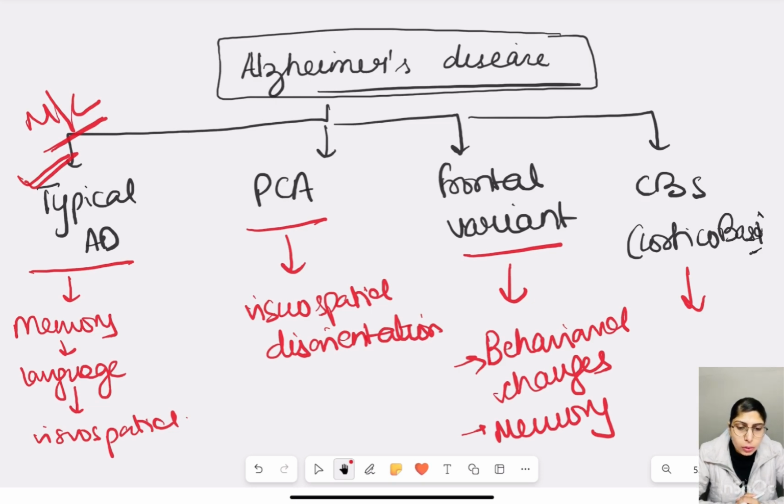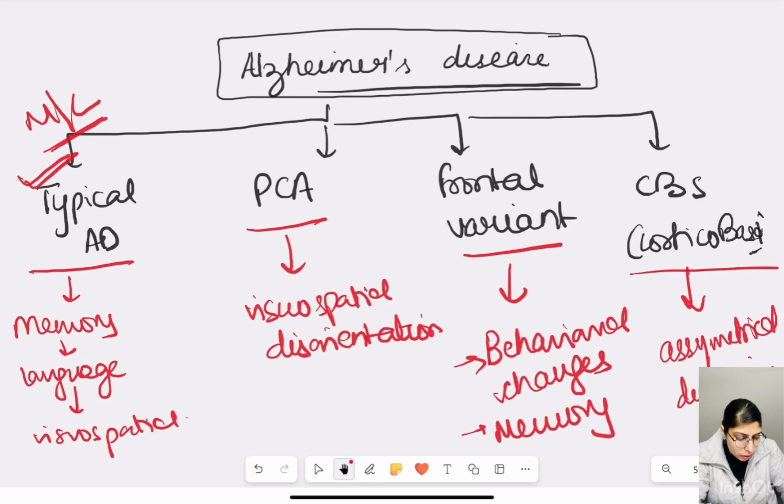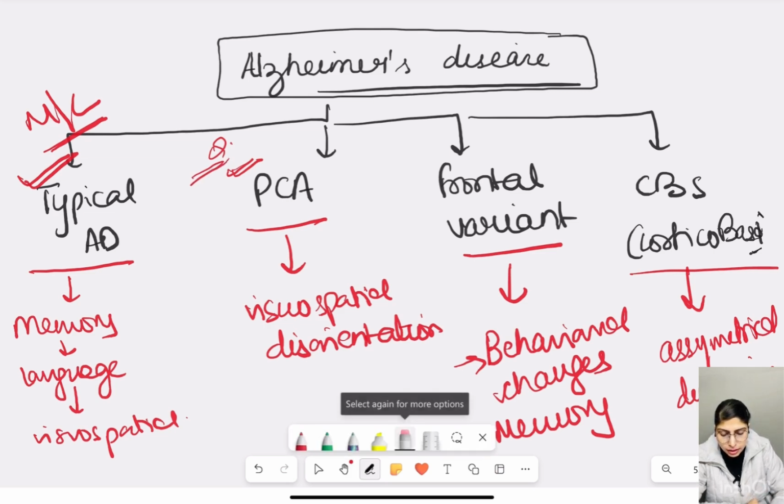So when we say corticobasal syndrome, we also talk about including a movement disorder, typically dystonias. And corticobasal syndrome is typically asymmetrical. So asymmetrical dystonias along with memory loss. It can be a CBS variant of AD. Now in exam, a typical AD is asked and then PCA is asked.